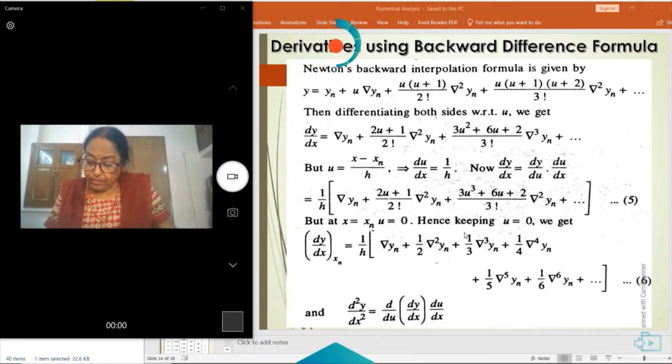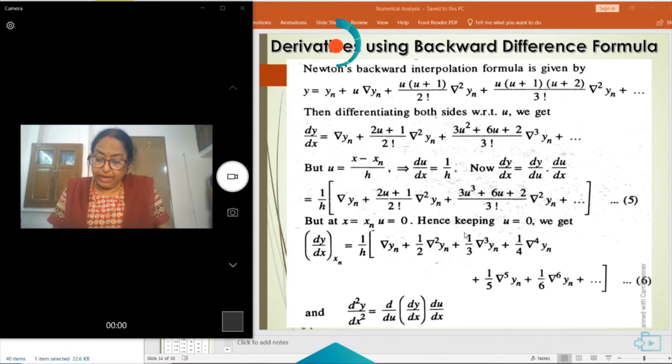This can also be written as f(x) is equal to f(x plus nh) plus u nabla f(x plus nh) plus u into u plus 1 by factorial 2 nabla square f(x plus nh) and so on.